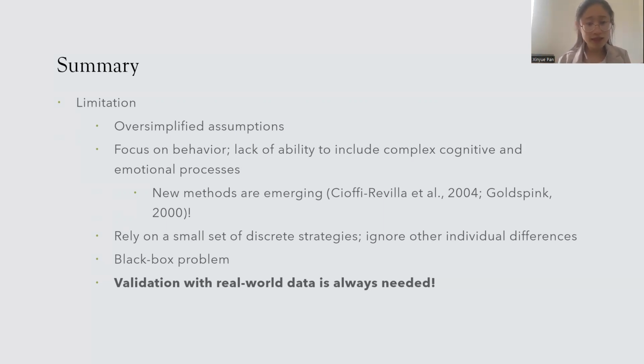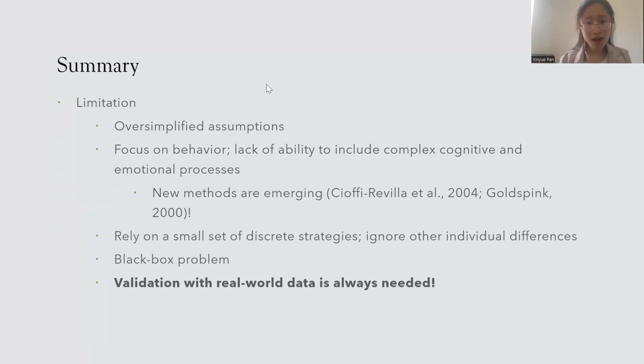But the good news is that recent research has developed many adaptations to traditional EGT models. So now they're trying to incorporate more cognitive processes. So this is a promising future direction. And EGT models usually rely on a small set of discrete strategies, so they tend to ignore other individual differences.